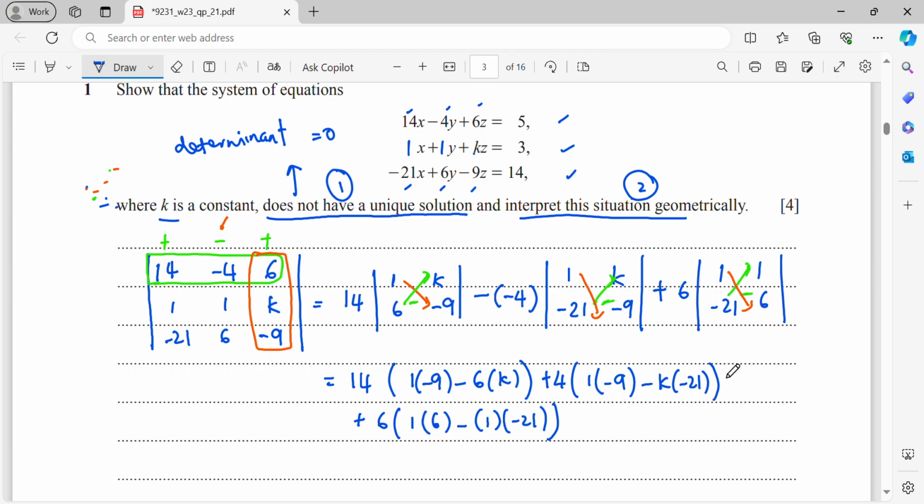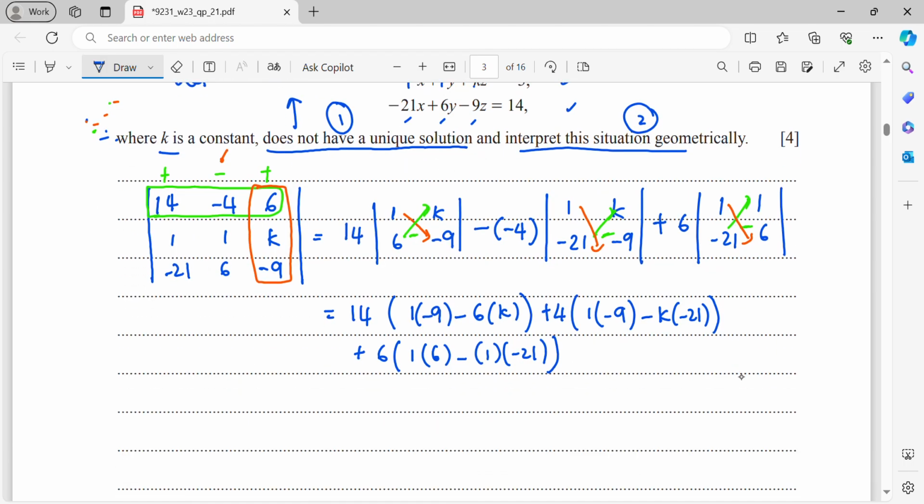From here, basically I'm getting 14 times minus 9 minus 6k, plus 4 times minus 9 plus 21k, then plus 6 times 6 plus 21. When you do the expansion, just expand for all.